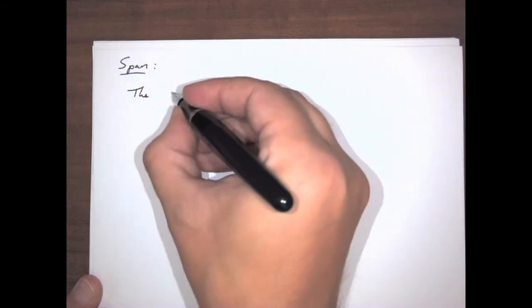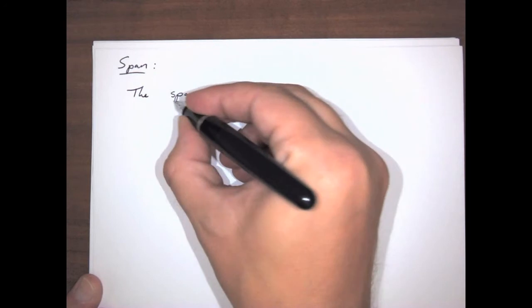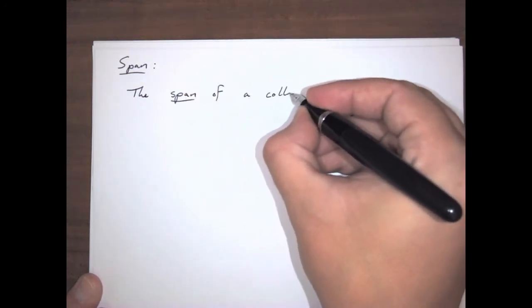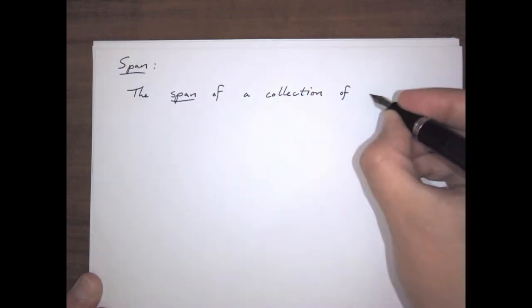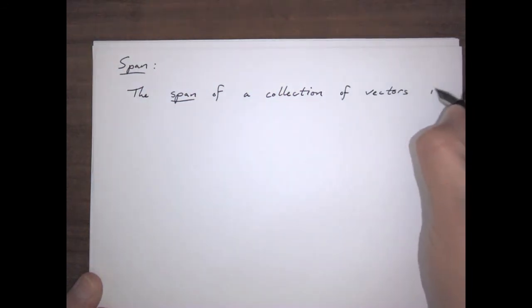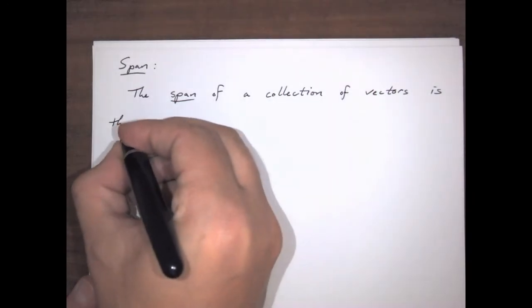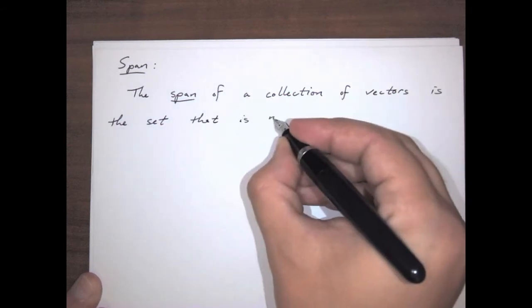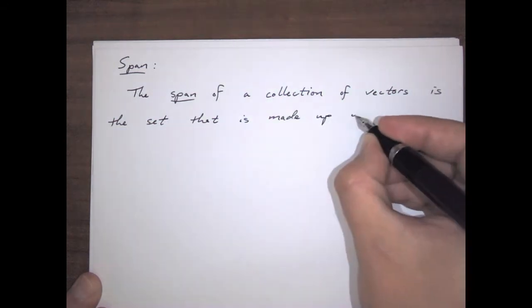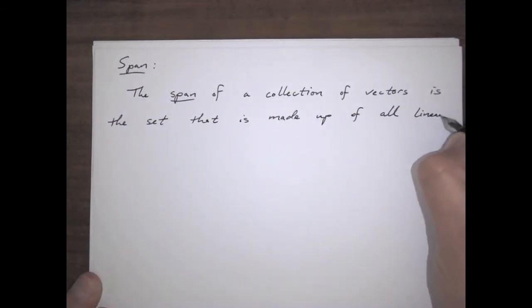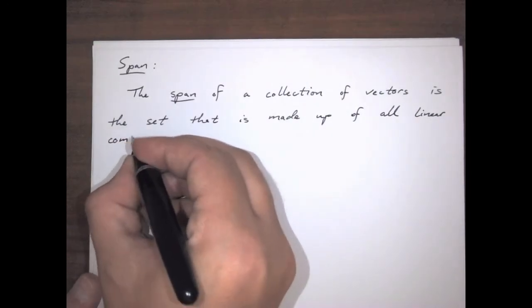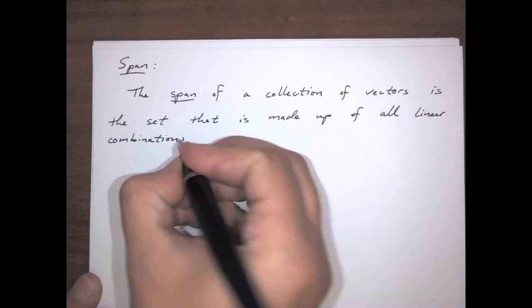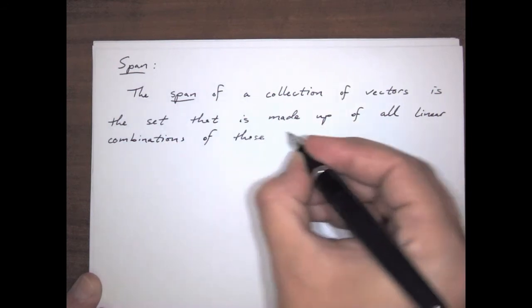The span of a collection of vectors is the set that is made up of all linear combinations of those vectors.